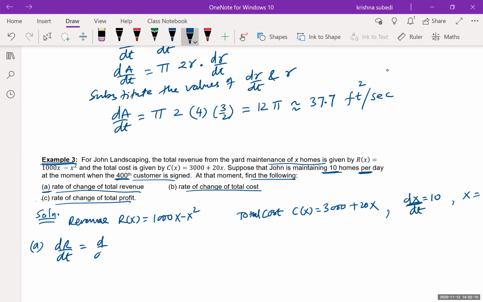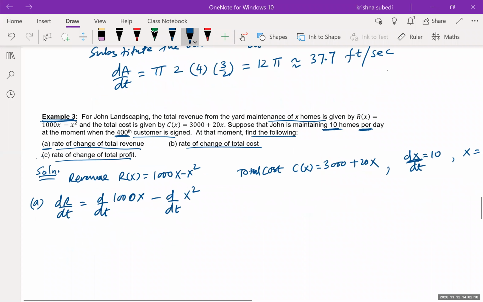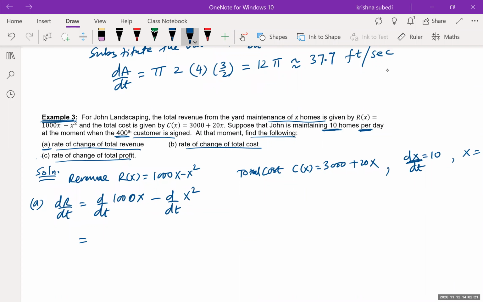You're going to get d over dt of 1000x minus d over dt of x squared. So this gives me 1000 dx over dt minus 2x, since x and t are different variables, so we'll write one extra factor, dx over dt.